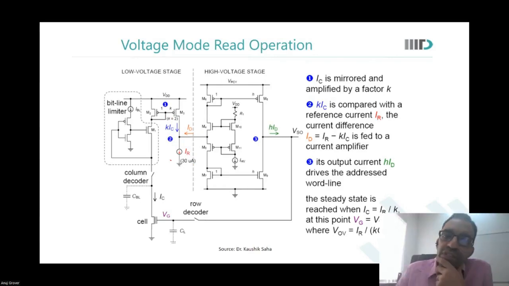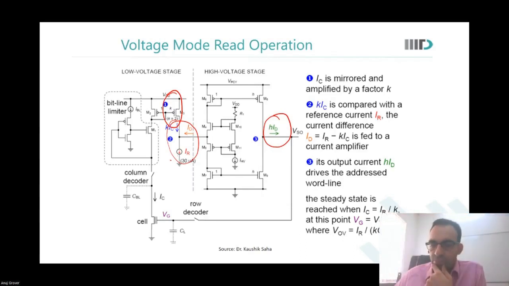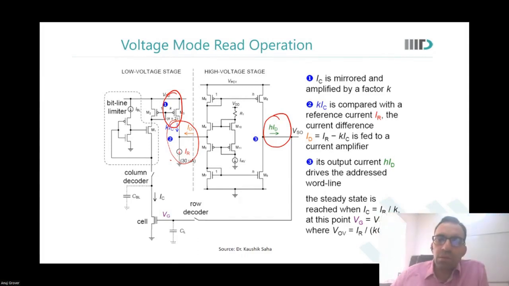Is it clear? So we're just amplifying K times once and then doing this subtraction at this reference voltage and then multiplying it with H times. So how are we deciding this K and this H value? On what basis? That is the kind of current budget, the speed that you need, and so on.